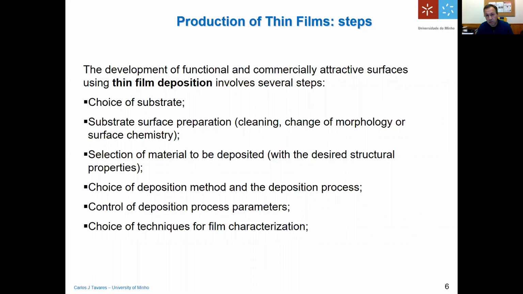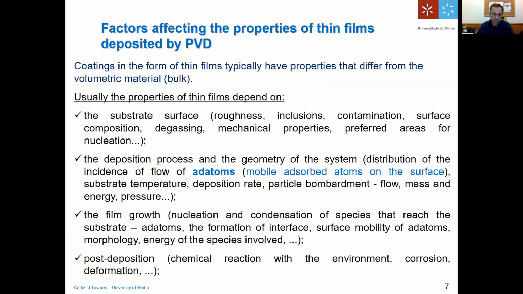If you want to check the composition, there are very powerful techniques, like Rutherford backscattering spectroscopy, or you can do X-ray photoelectron spectroscopy to measure, besides the composition, the valence states, etc. So there's a really big amount of techniques that you will need to go in depth to study your film.